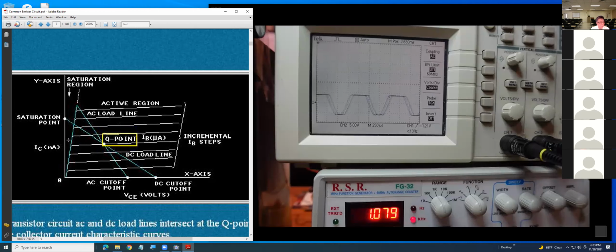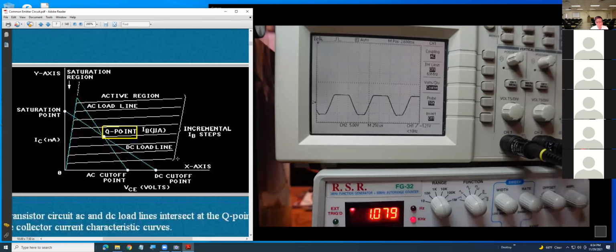On this line for IC, VCE equals 0. So this is the Q point. The Q point can move up to saturation, or it can move down to cutoff. Basically, that's for engineering. When they design the circuitry, they want it to be saturated or they want it to be an amplifier.